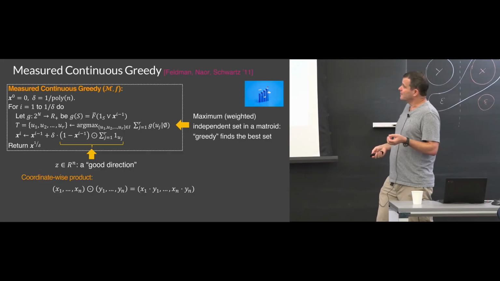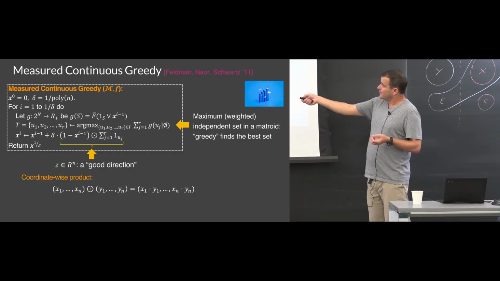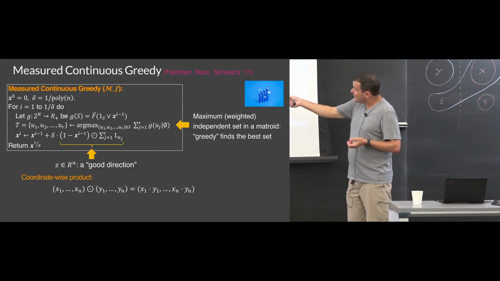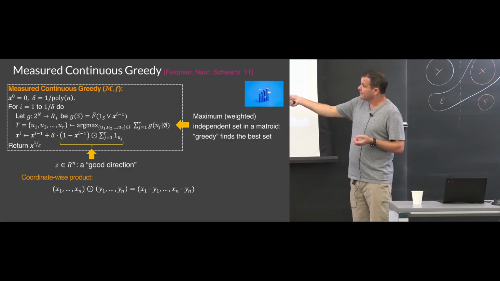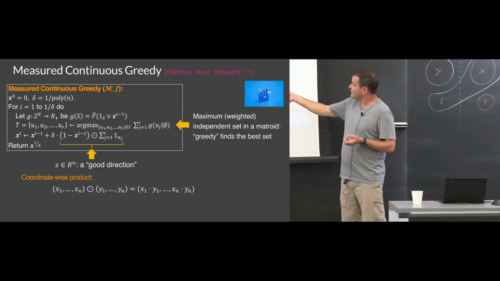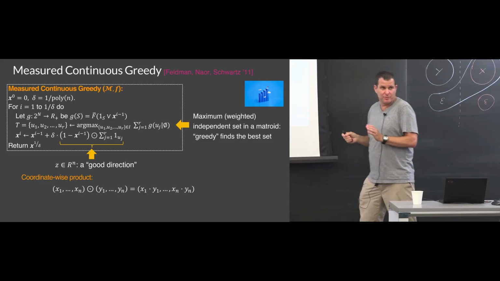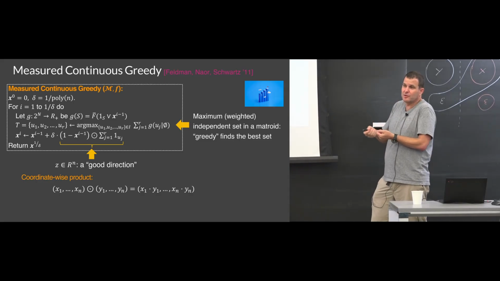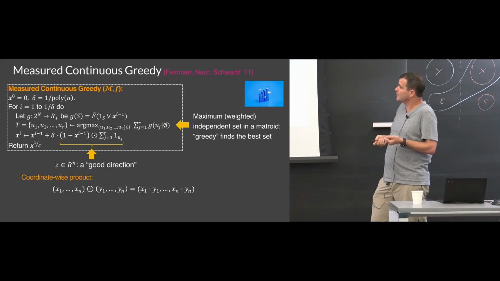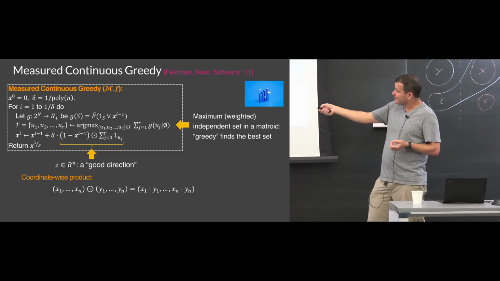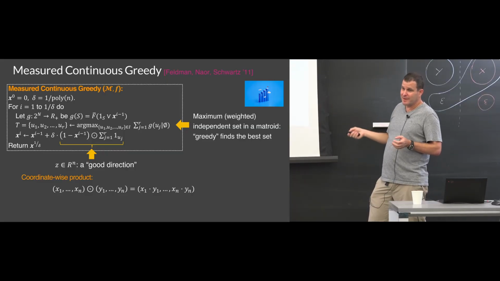What are you doing in the iterations? You define this function g according to the previous x that you already have. Then you choose a base, which is just the elements that are best independently with respect to g. The marginal is best independently with respect to g. And then you go a small delta step. This is a vector in the direction of these elements.